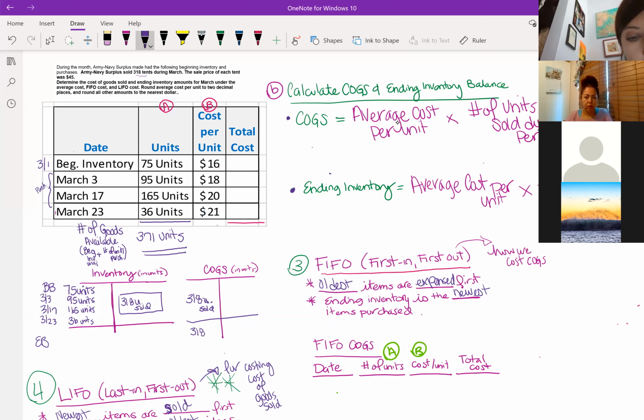And we need to figure out how many units are left over in ending inventory.